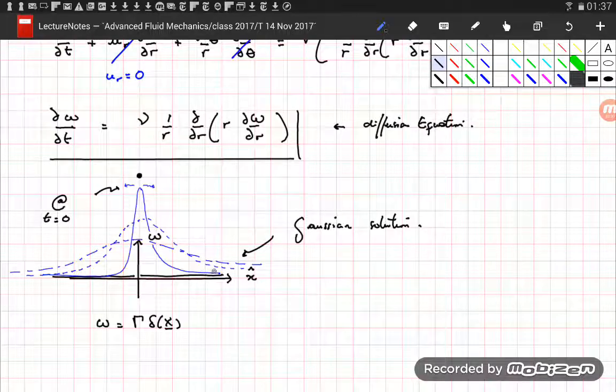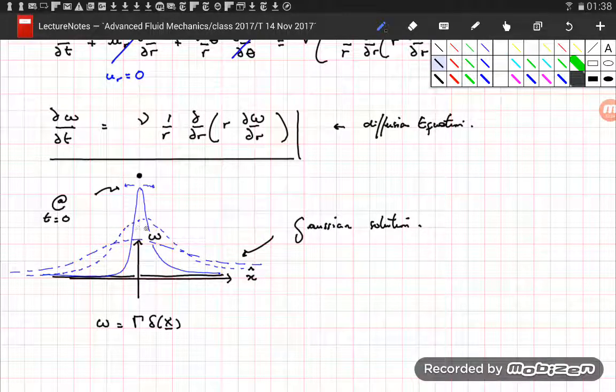If you think about the area underneath that curve, this is the integral of the vorticity. This will be the circulation. So the area underneath that curve remains constant in time, but the peak decreases. The maximum value of the peak decreases, while the typical width of the peak of the Gaussian increases.